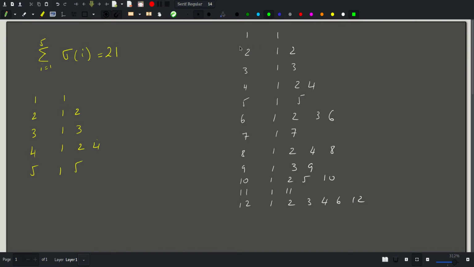Looping through all the numbers from 1 to n gives a complexity of O of n, and listing the divisors requires square root of n. So the total complexity would be O of n times square root of n.